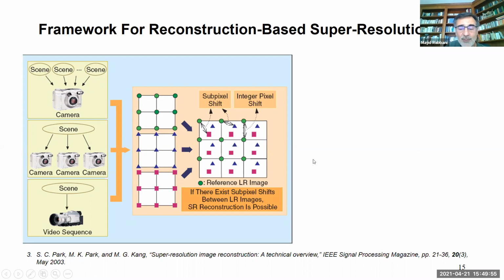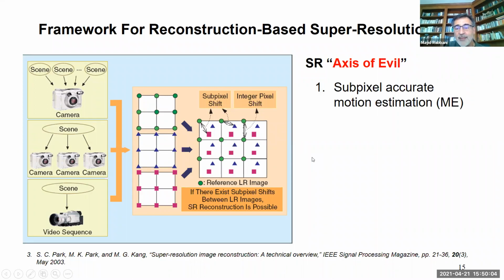Sometimes researchers joke about this and call them the axis of evil for super resolution, after George Bush's phrase. They say there are three things that really give you a hard time, and they're much easier said than done. First of all, you need subpixel accurate motion estimation algorithms. And that's not trivial at all.